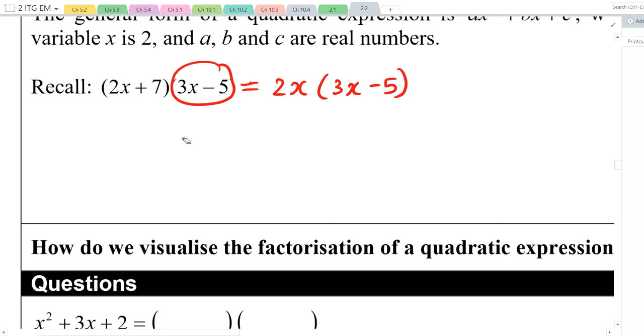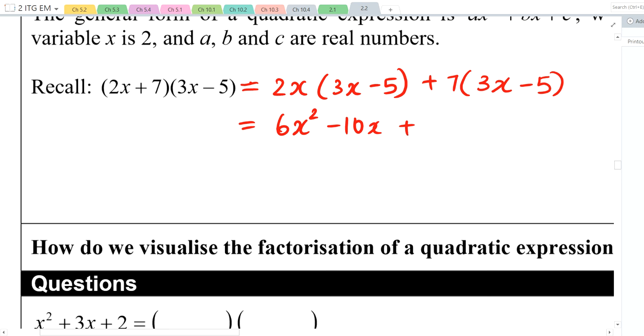Then I have 7 multiplied by 3x minus 5. Agree that they're the same? This is our expansion. Then we get 6x squared minus 10x plus 21x minus 35, and subsequently 6x squared minus 11x minus 35.